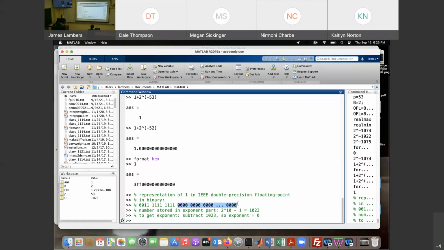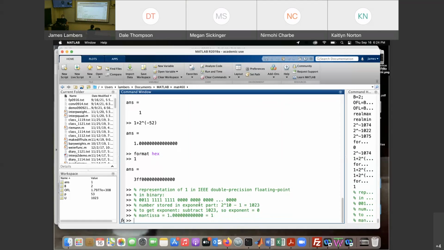So there's an implied 1. So the mantissa in binary is 1 point, all these zeros, 52 zeros. So the mantissa is 1, the exponent is 0, so the number represented is 1. That's how you decipher what you see here.